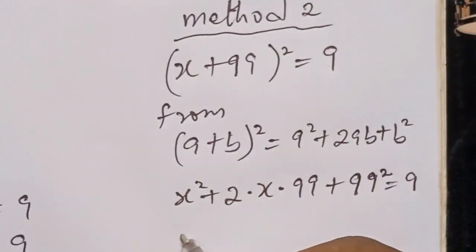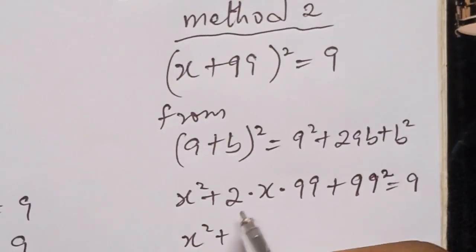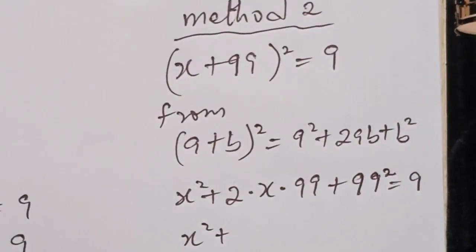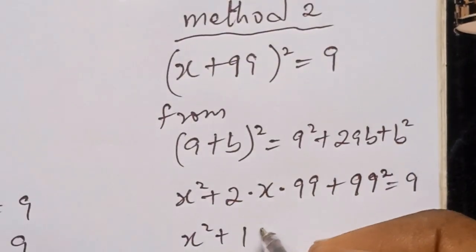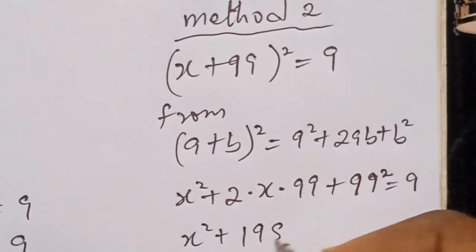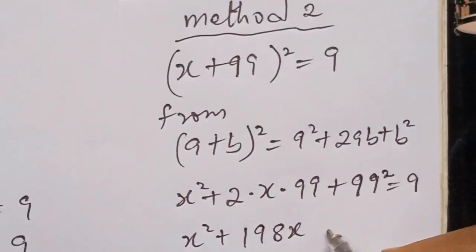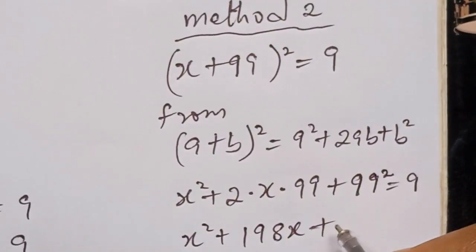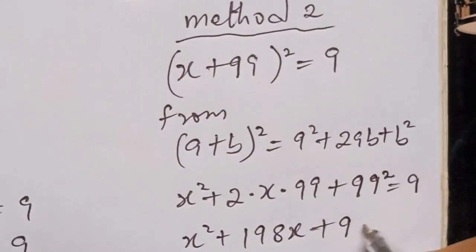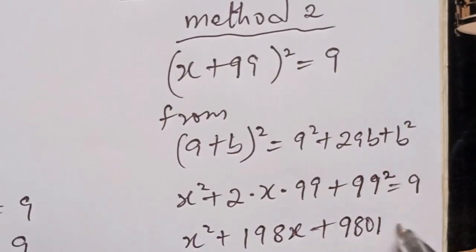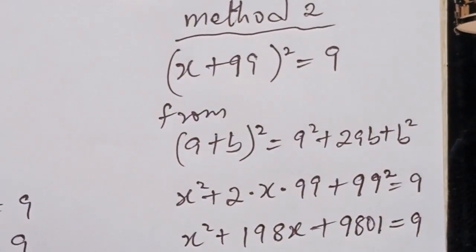And this can be written as x squared plus 2 multiplied by 99, which is 198x, plus 99 squared, which can also be given as 9801, equal to 9.